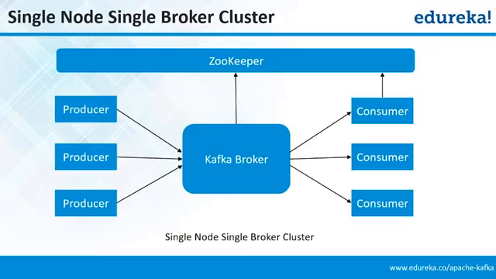Apache Kafka also comes with a very simple and clean configuration management, which supports all the properties required for us to run the entire cluster in a single node, single broker cluster architecture.